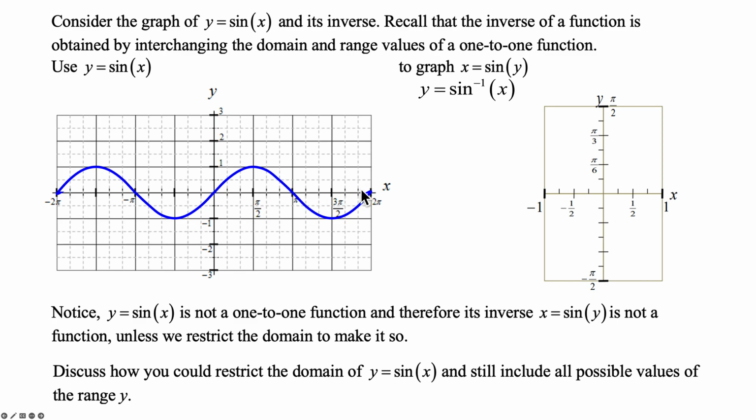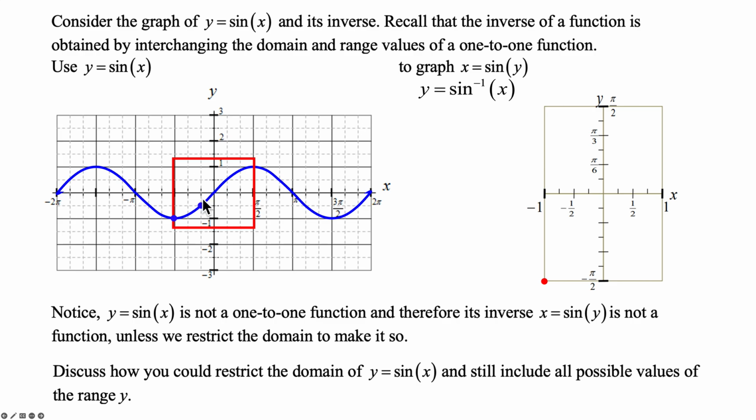But now your x-axis, which is in radians here, becomes your y-axis, negative pi over 2 to pi over 2. The y's from negative 1 to 1, they now become the x-axis. And these horizontal rectangles now become vertical rectangular grids. So again, as we pick a point, negative pi over 2, negative 1, now it becomes negative 1, negative pi over 2.